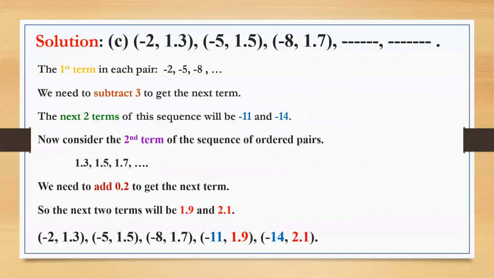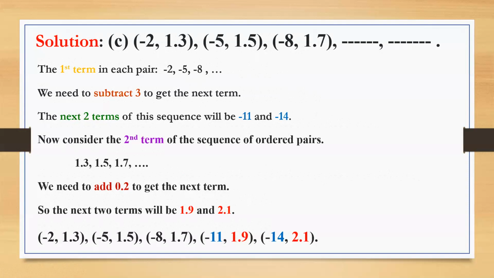Now part C: (-2, 1.3), (-5, 1.5), (-8, 1.7). The first term in each pair will be -2, -5, -8, so we are subtracting 3 to get the next term. Therefore, the next two terms will be -11 and -14.